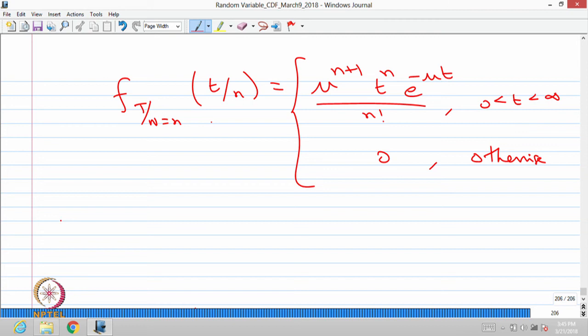Now, we go back to finding the CDF of T, that is the probability of T less than or equal to t, which is the summation over n equal to 0 to infinity.